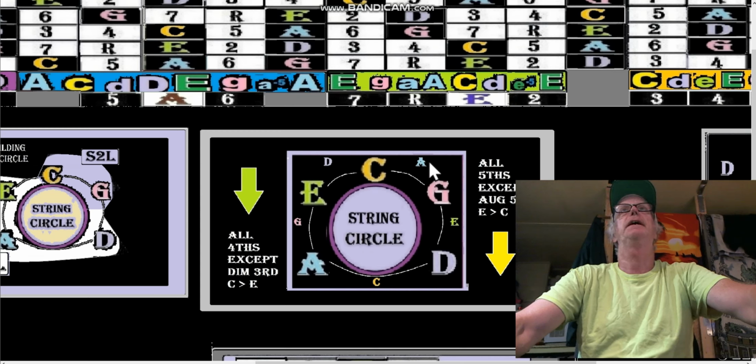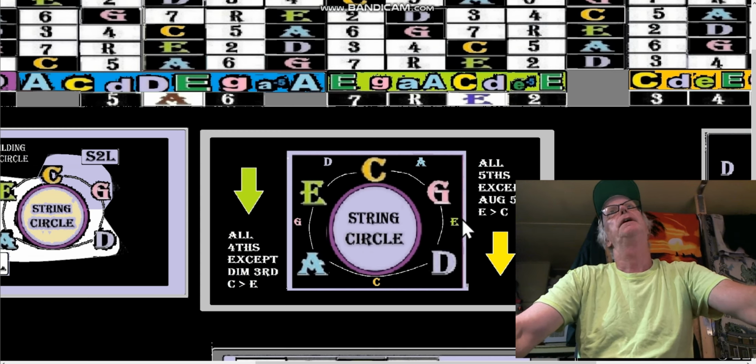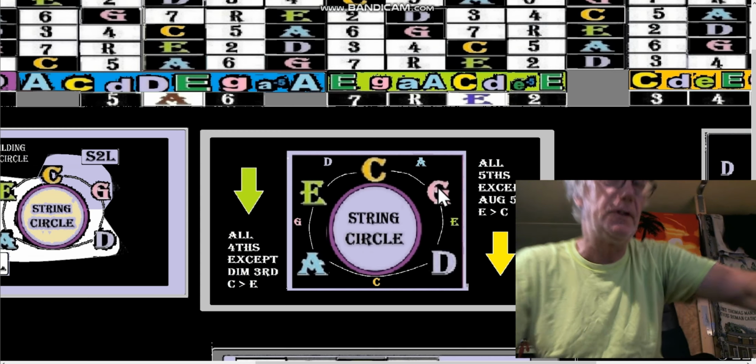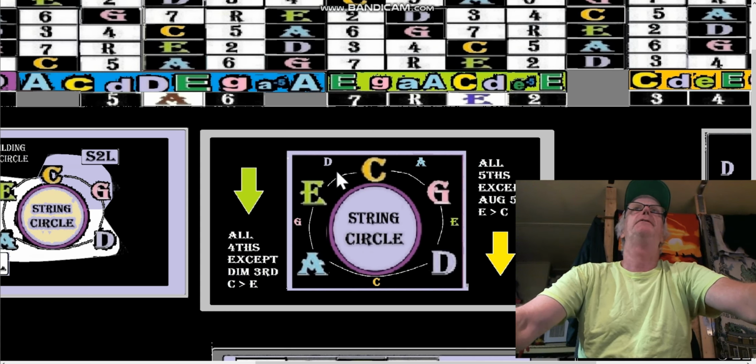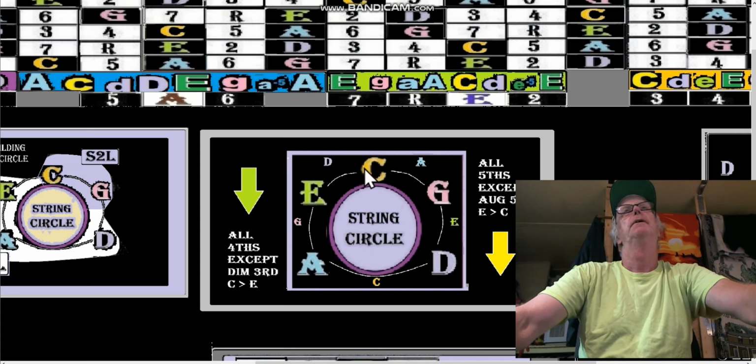So C to A to G, skip A, and you get a perfect fifth between C and G, etc. G to D is a perfect fifth. If you spell CAGED, C-A-G-E-D, skip the E. So every other letter in CAGED gives you your string circle fifths. It's called string circle fifths because it's not perfect fifths, because of the augmented fifth between E and C.